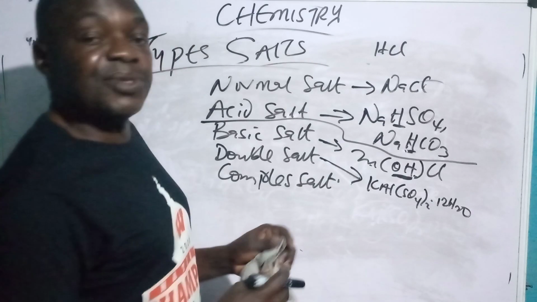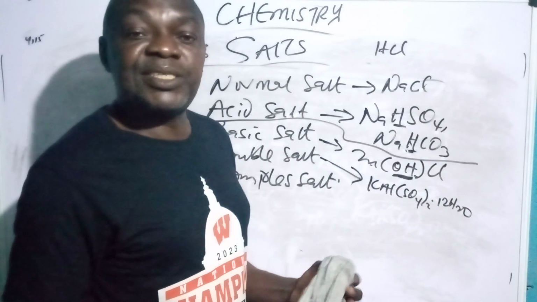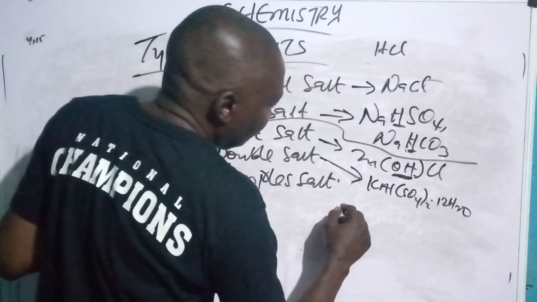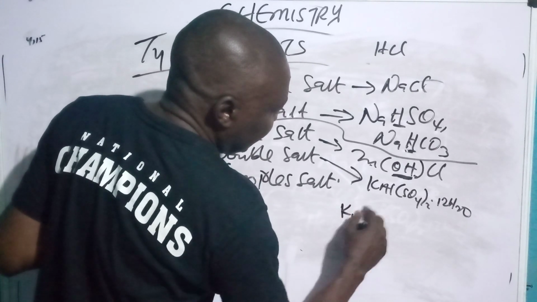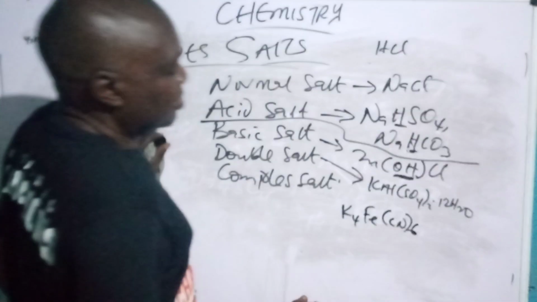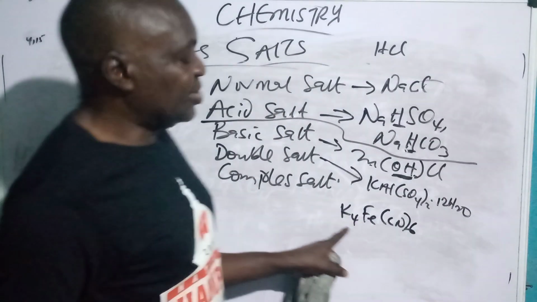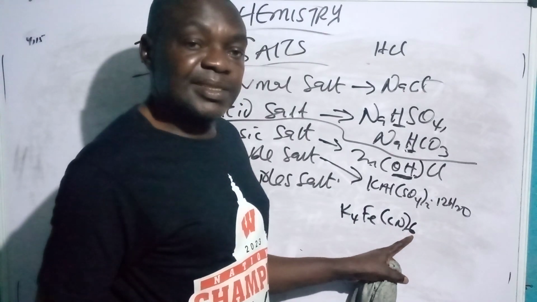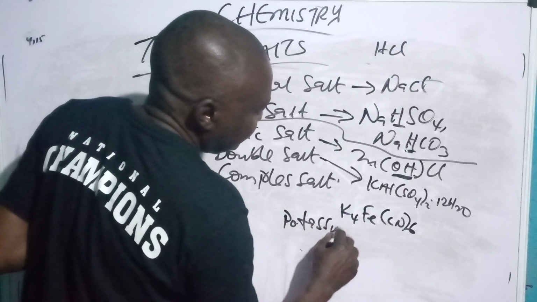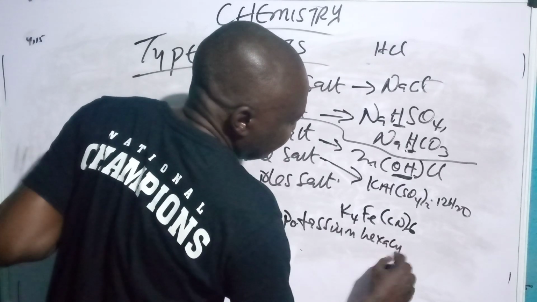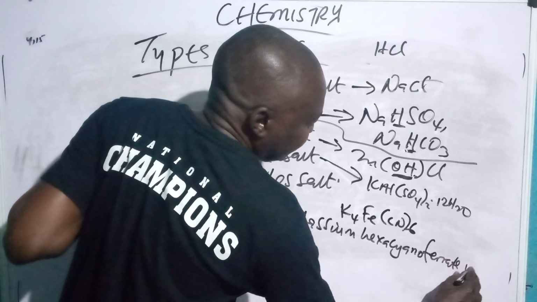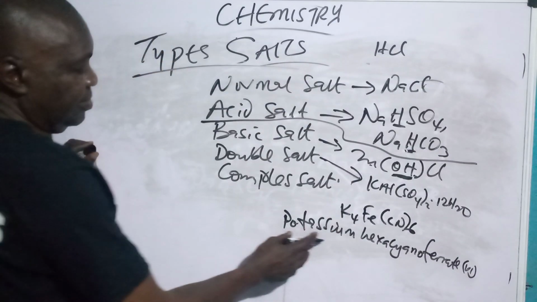Now the last one is a complex salt. A complex salt is a salt that contains a complex ion, that is, a charged group of atoms. An example of such is K4Fe(CN)6. The name of this compound is potassium hexacyanoferrate(II). Potassium hexacyanoferrate(II). You see it? So this is a complex salt.